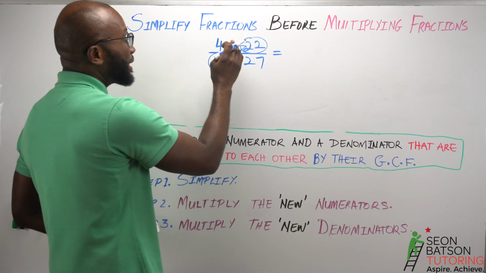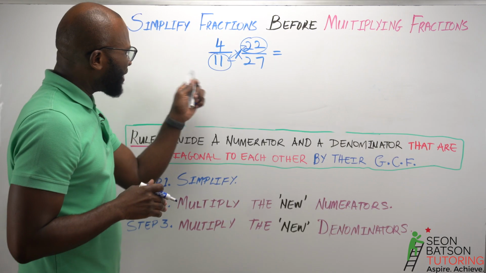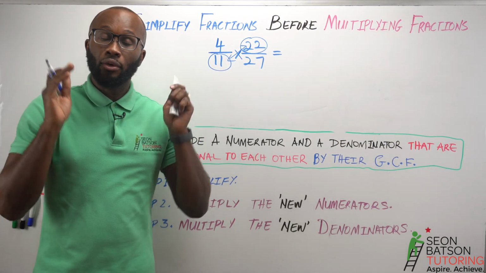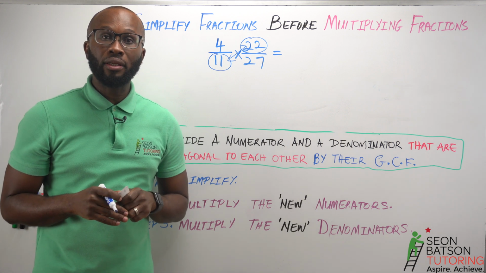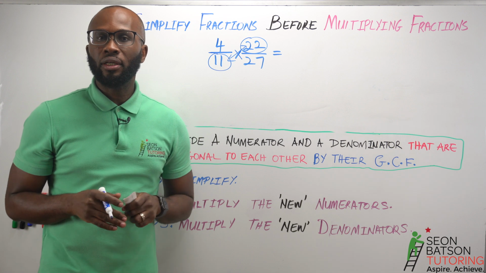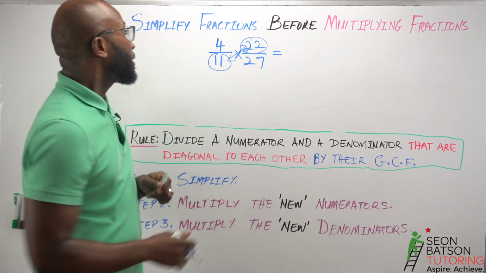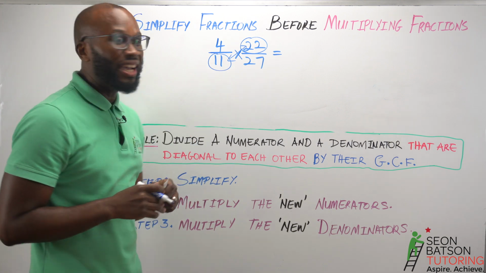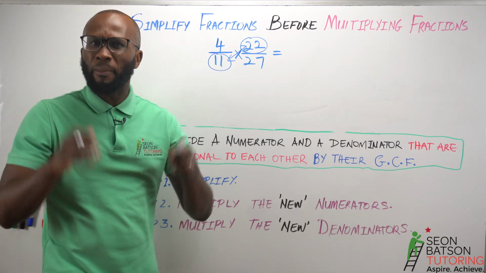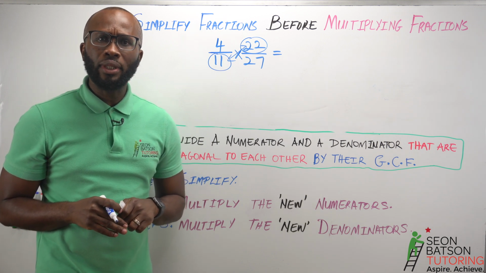To simplify 11 and 22, we can divide them by their greatest common factor, the biggest number that can go into 11 and 22 evenly. The greatest common factor for 11 and 22 is 11.